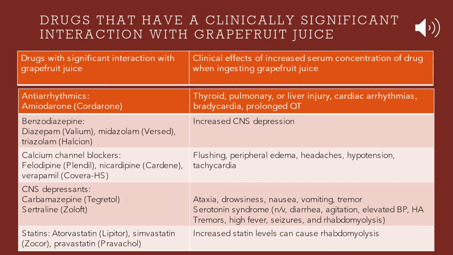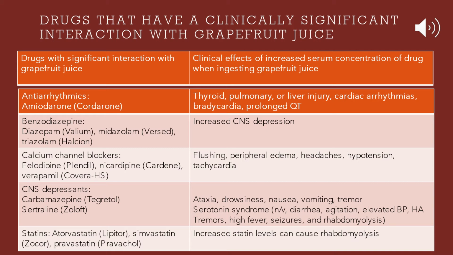The next drug family here is the benzodiazepines. I just put a few here: diazepam, midazolam, Halcion. You're going to see increased CNS depression when taken with grapefruit juice, and these drugs cause that anyway, even if you don't drink grapefruit juice.